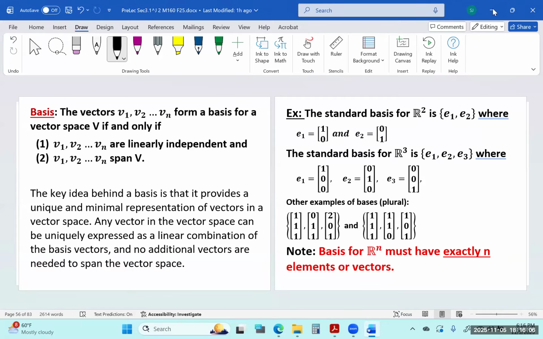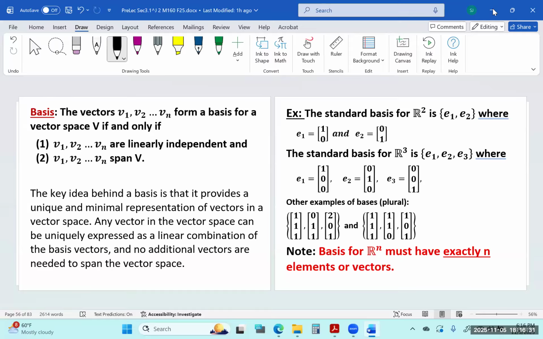So a basis for Rn must have exactly n vectors. For linear independence, we can have a maximum of n linearly independent vectors in Rn space. But for a basis, it has to be exactly n vectors for Rn space. Means if you're in R2 space, you have to have exactly two basis vectors.